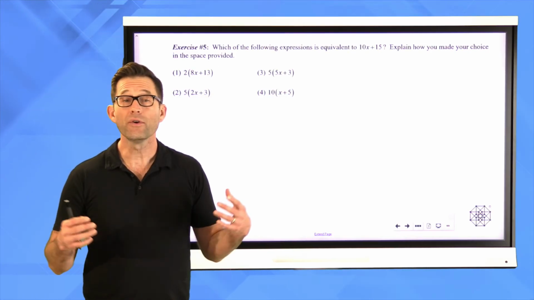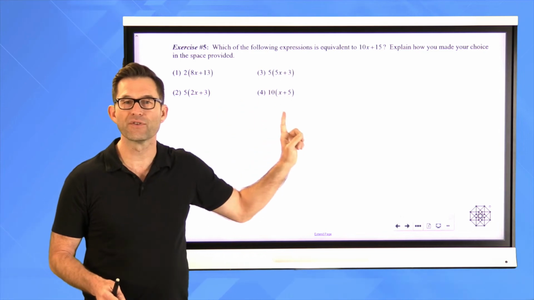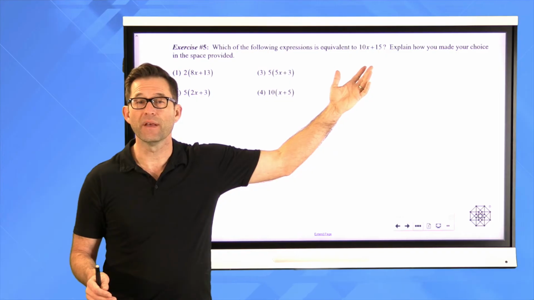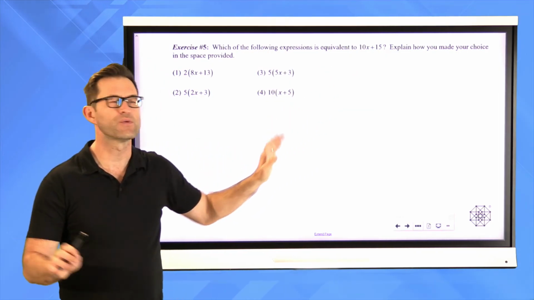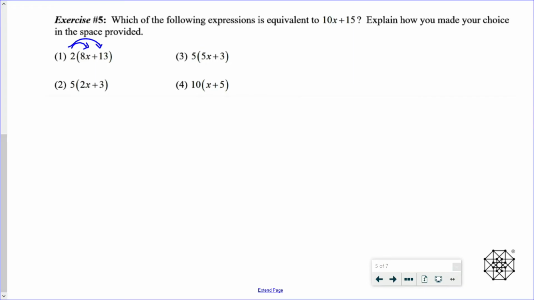All right, well, one great way of doing this is to literally use the distributive property on all 4 of the choices, and just see which one of them comes out to be this. So for example, just for choice 1. On choice 1, if I use the distributive property, right, and I multiplied through by that 2, I'd get 16x plus 26.